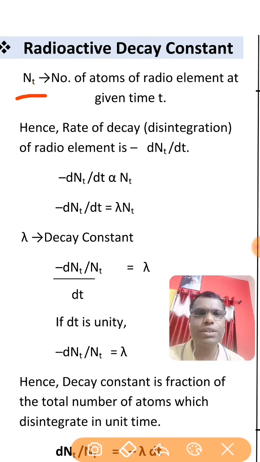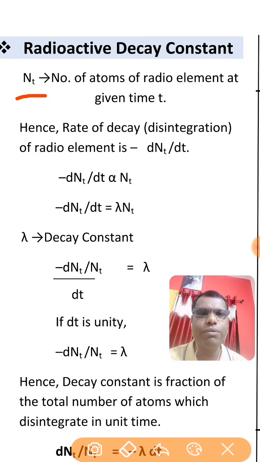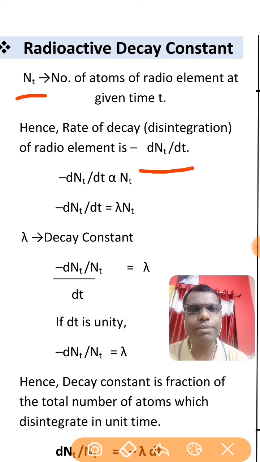Nt is the number of atoms of radio element at any given time. Hence, the rate of disintegration, which is also called the rate of decay of radio element, is indicated by minus dNt by dt.